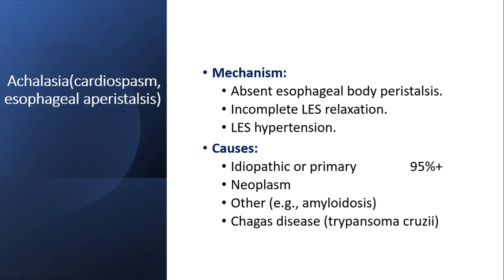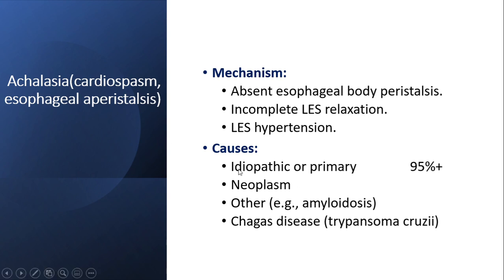The cause of achalasia is either idiopathic, called primary, of unknown etiology, or related to degeneration of the motor neuron of the ganglion cells in the myenteric plexus in the wall of the esophagus.